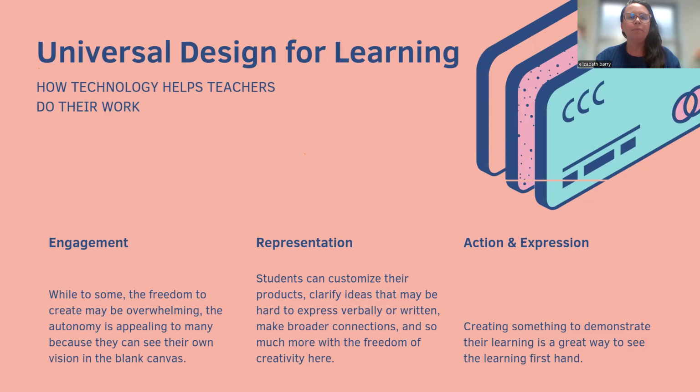With the action and expression, they again get to create things. The world is their oyster, so the teacher could be as strict or as flexible as they want to be based on what the learning outcome is. Like I previewed our math outcome, where students made a word problem and then made pictures to go with the word problem.